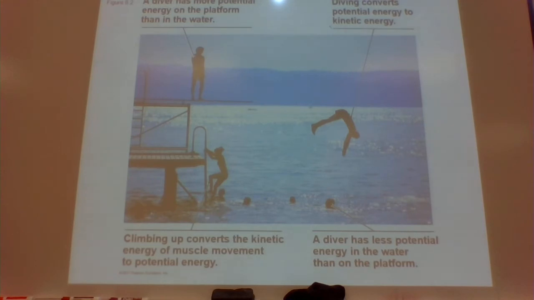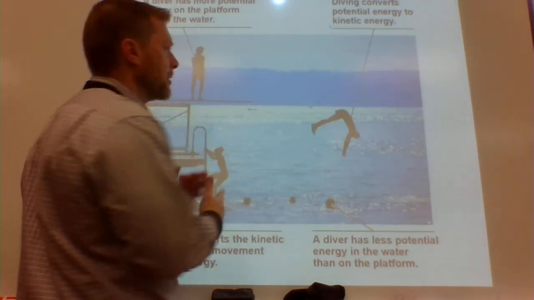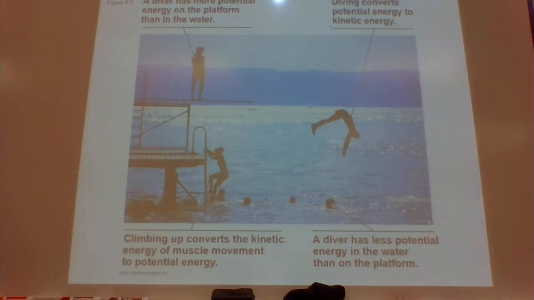And when she goes up the steps, potential energy is converted into kinetic energy. So the total energy is always constant, because energy does not get created or destroyed. But what I want you to see in this example is that energy is converted from one form to another form.